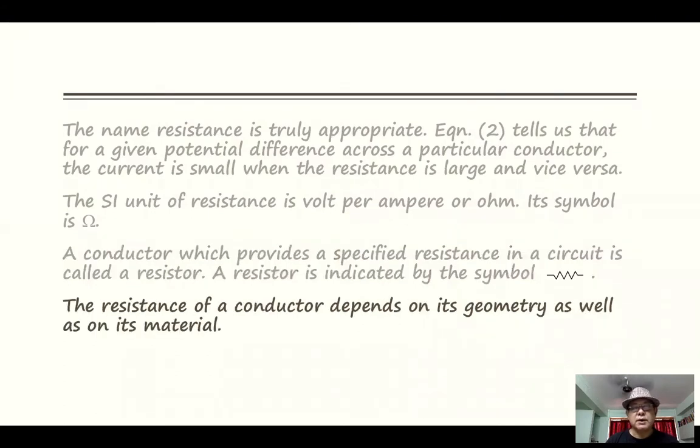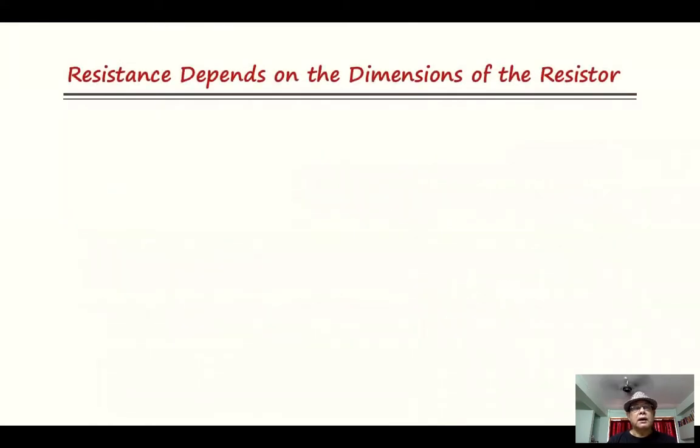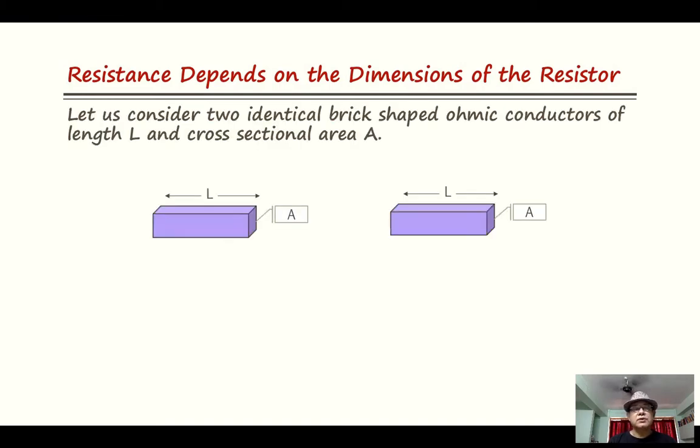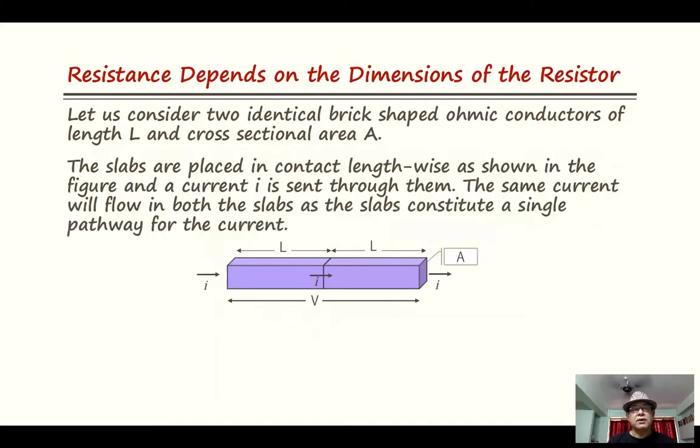The resistance of a conductor depends on its geometry as well as on its material. Resistance depends on the dimensions of the resistor. Let us consider two identical brick-shaped ohmic conductors of length L and cross-sectional area A. The slabs are placed in contact lengthwise as shown in the figure, and a current I is sent through them.